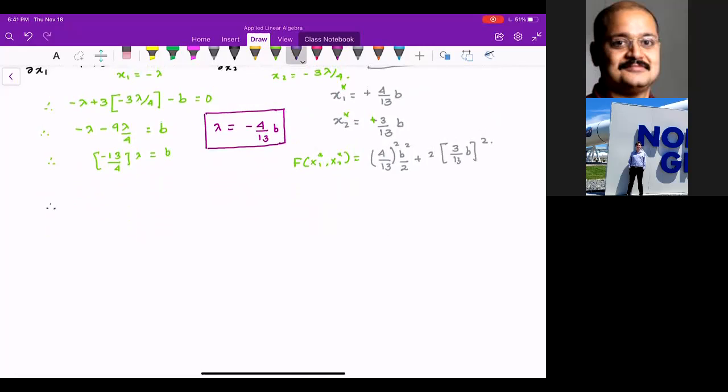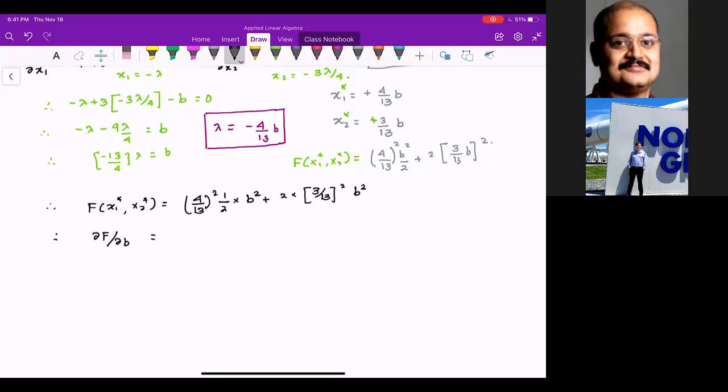So the last part is once you find out f, x1 star, x2 star is going to be 4 by 13 square, 1/2 times b square, plus 2 multiplied by 3 by 13 square b square, and you want to do partial f by partial b.